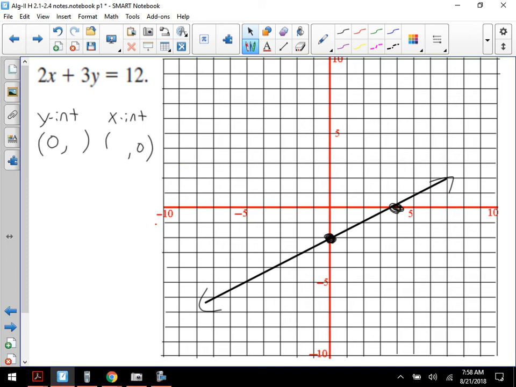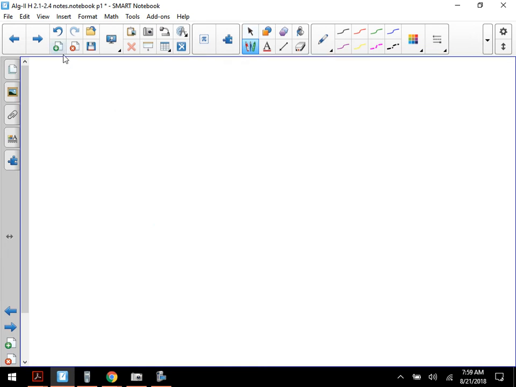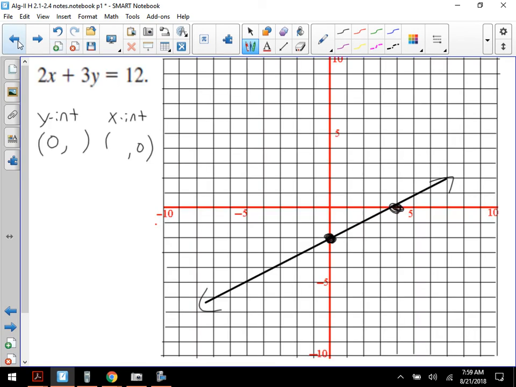This is where the idea of a quick graph comes into play tremendously. Because if I substitute in 0 for y, it goes away, doesn't it? What's your x-intercept then? 6. If I substitute in 0 for x, what's your y-intercept? 4. How many points do you need to make a line? 2. That's the idea.